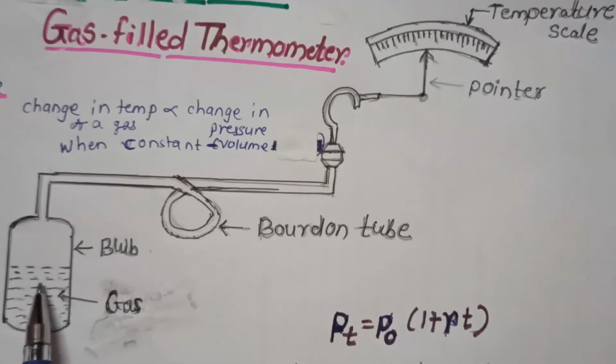When volume of the gas is kept constant, pressure at T degree centigrade is Pt, pressure at 0 degree centigrade is P0, and pressure is directly proportional to change in temperature.